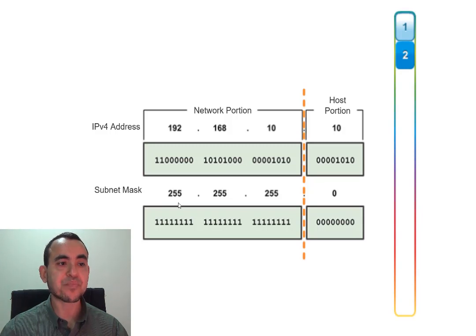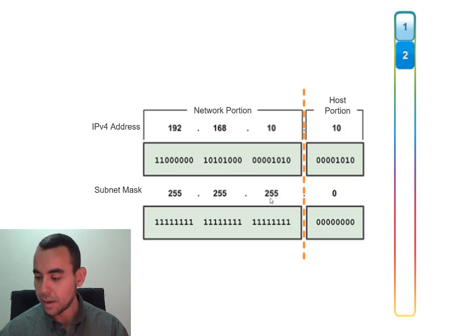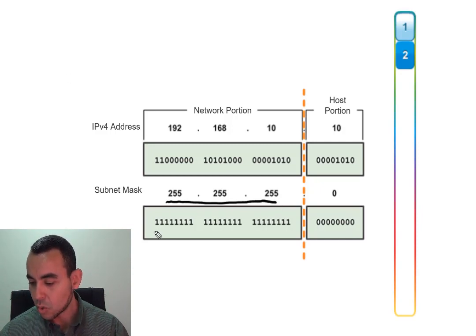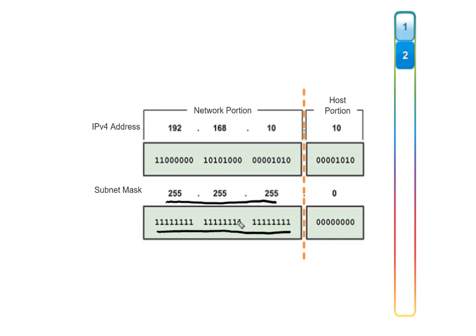A subnet mask is represented using repeated ones, as we can see here. So a consecutive set of ones, and then the rest will be zeros.